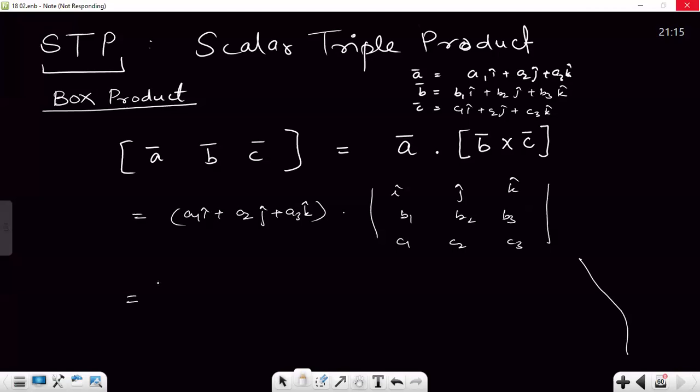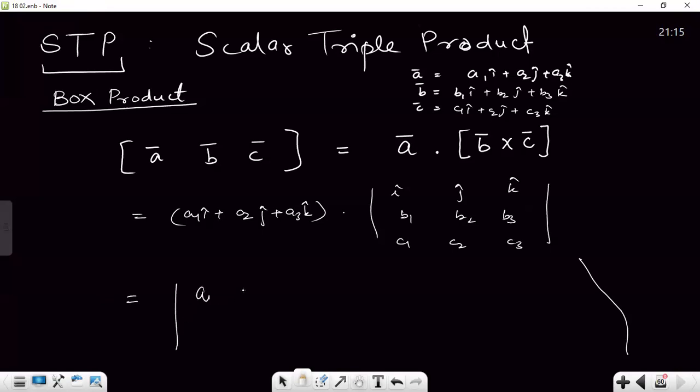Why? Because of the dot multiplication. Simply consider it like A1 i cap plus A2 j cap plus A3 k cap getting dot multiplied, scalar multiplication, with i cap plus j cap plus k cap.